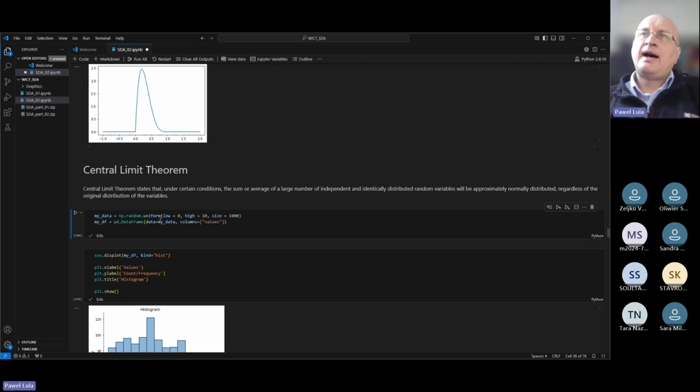Here I produced a series of data, a series of values which were generated from a uniform distribution. And the range is from 0 to 10. I generated 1,000 values.